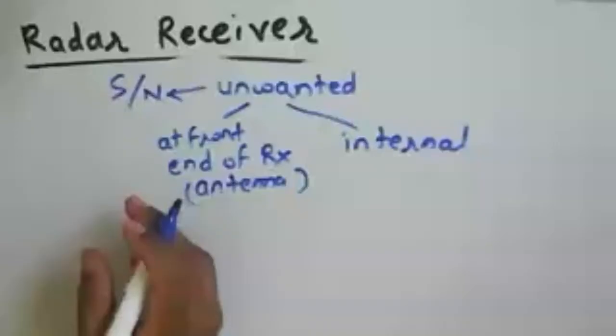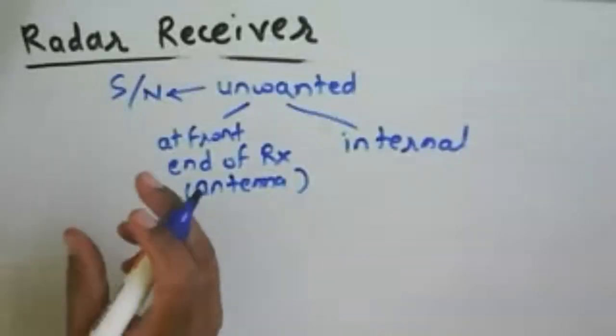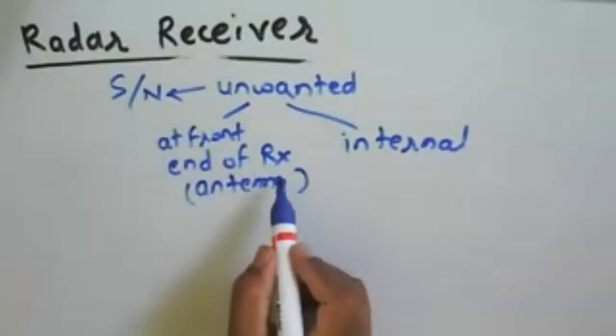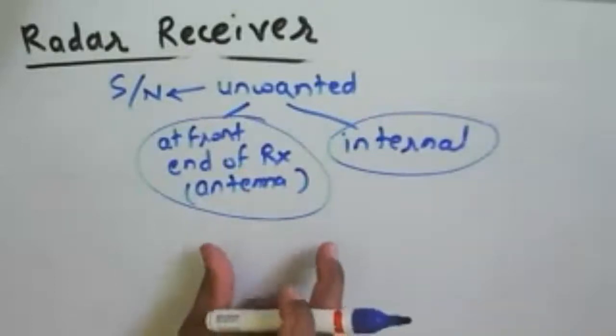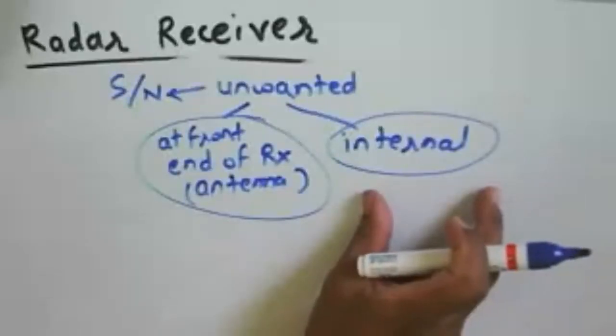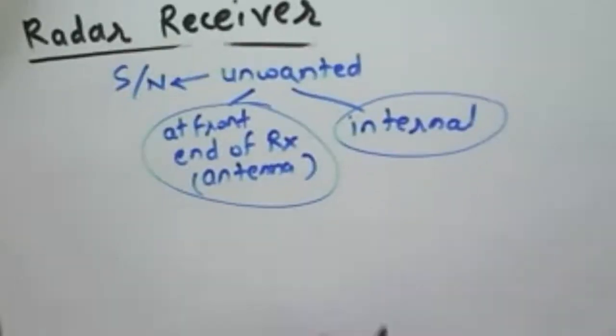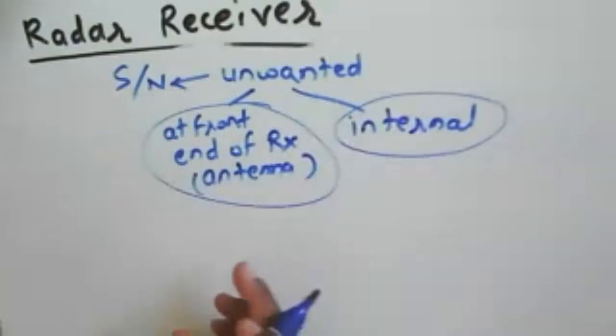So for noise removal, we can choose appropriate components at the front end as well as for the internal ones, and we can try to remove the noise, or suppress the noise there. So for a device or for a system, what will be the noise figure?